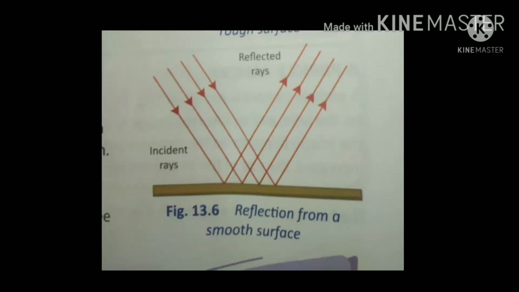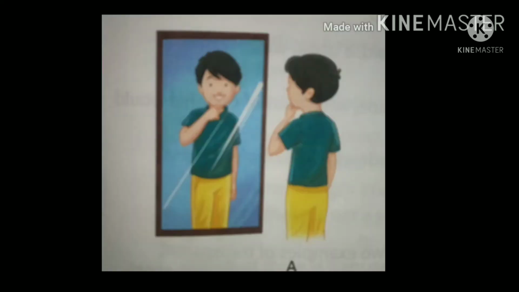The incident rays are parallel, same as the reflected rays. So, the images are clear. A good example of a smooth surface is a mirror. When you stand in front of a mirror, you can see yourself in the mirror. This is called your image.